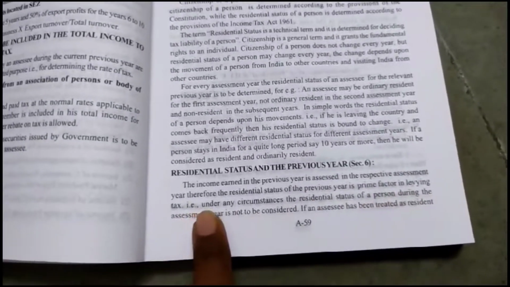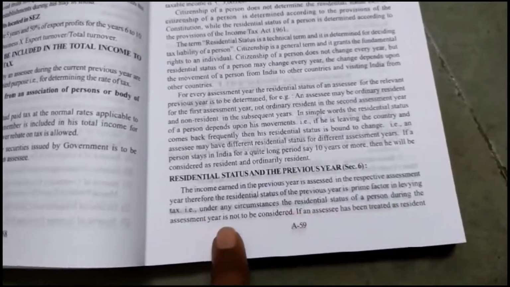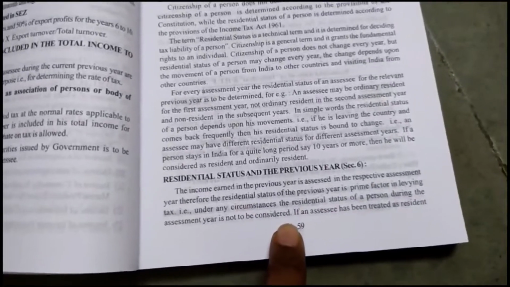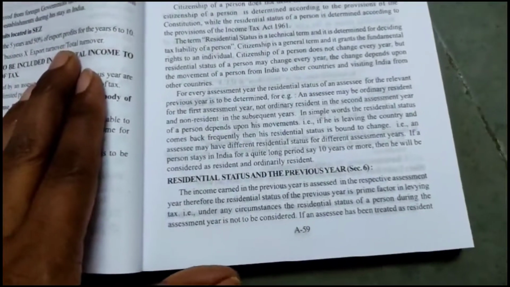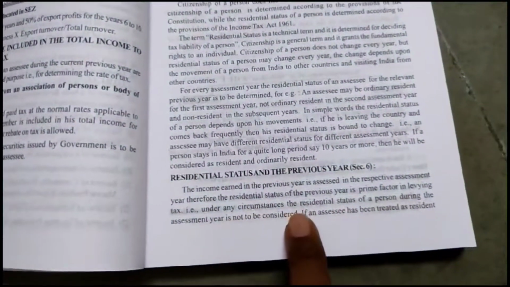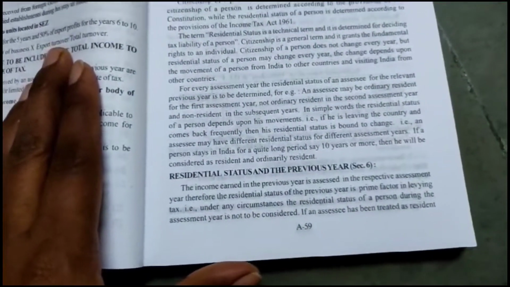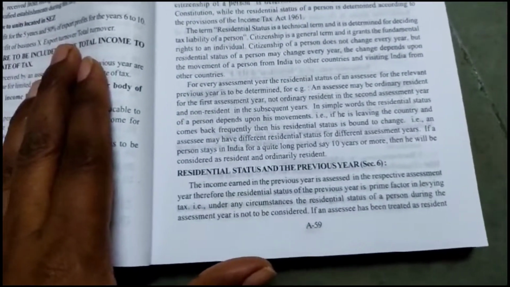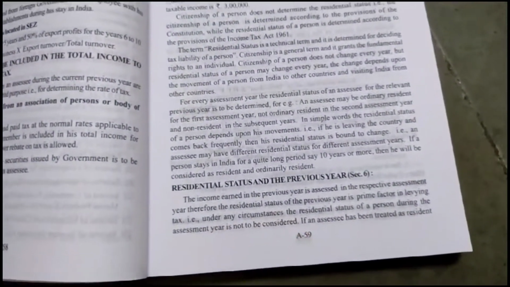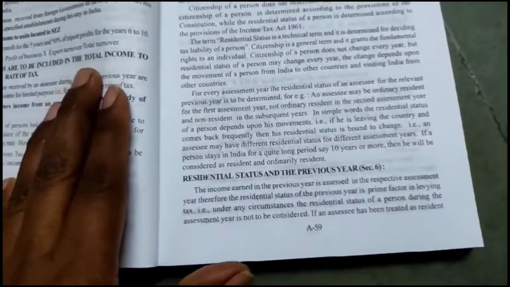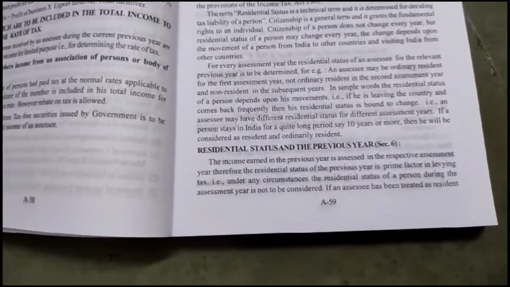In laying the tax, under any circumstances, the residential status of a person during the assessment year is not to be considered. Previous year itself we have to consider, not the assessment year. The assessment year is nothing but the year in which we calculate the tax for the previous year's incomes.